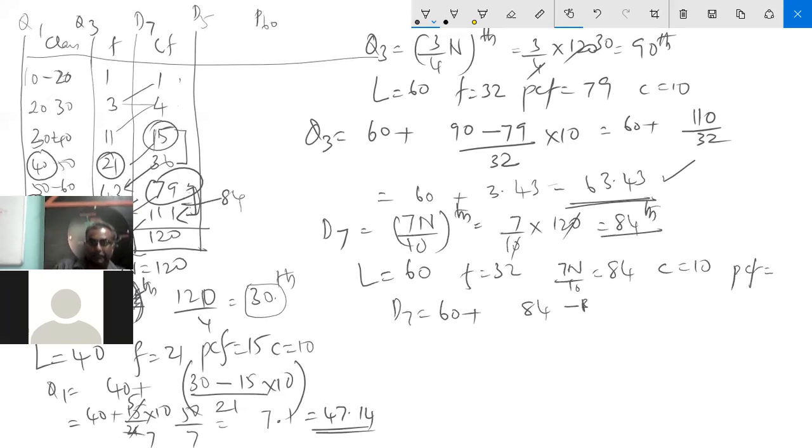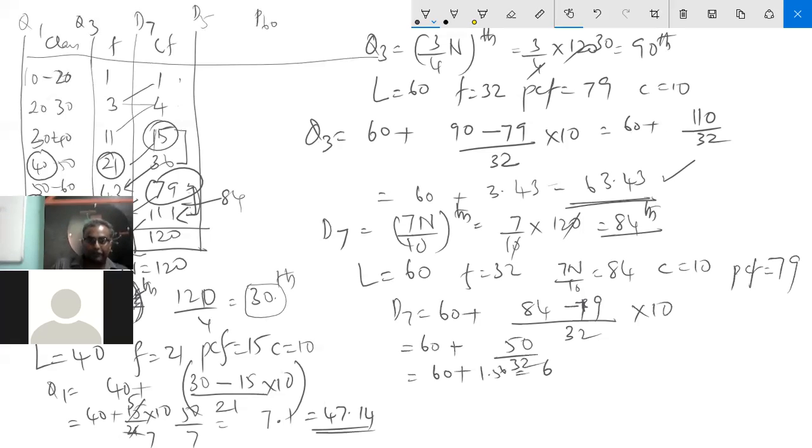PCF is 79. 84 minus 79 divided by F 32 into 10. 60 plus 5 into 10 is 50 by 32. How much is 50 by 32? 1.56. So 60 plus 1.56 is 61.56, equal to D7.